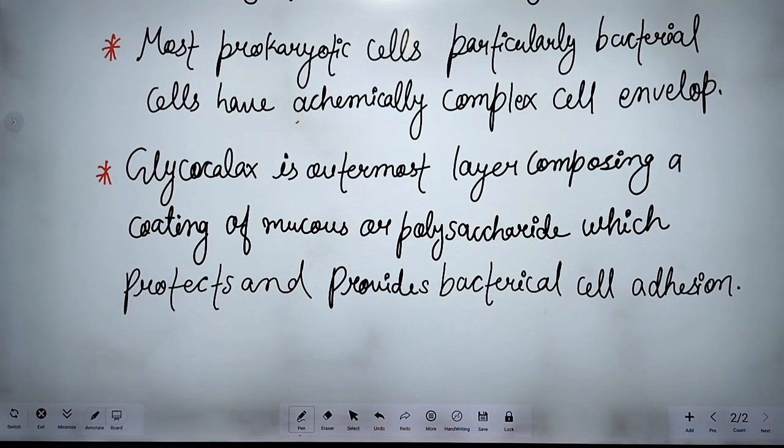For sticking, the glycocalyx is very important for the bacterial cell, or the prokaryotic cell. I hope you understand these 3 points related to the prokaryotic cell.